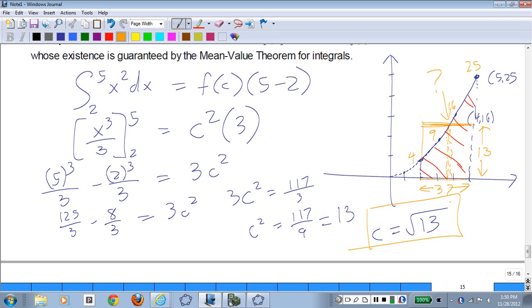If it only took on finitely many different values, then we could see how long it was equal to each of those values and come up with a weighted average. But it's a continuous function, takes on infinitely many different values. But what we're saying is, on average, this function is equal to 13. Does that make sense?